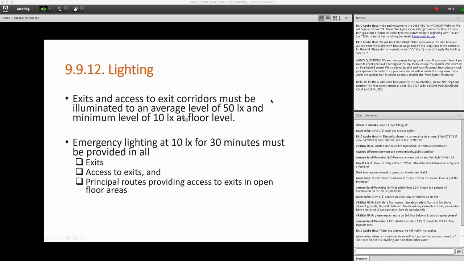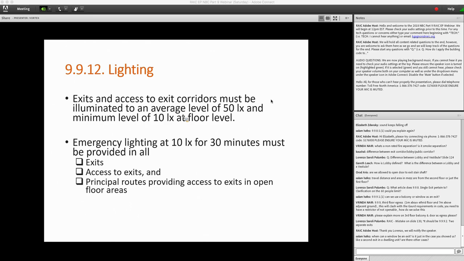The code also has some requirements for lighting. Obviously your exits have to be clearly visible. So exits and access to exit corridors are required to be illuminated to an average level of 50 lux and a minimum level of 10 lux at the floor level or at the tread level where you have an exit stair.